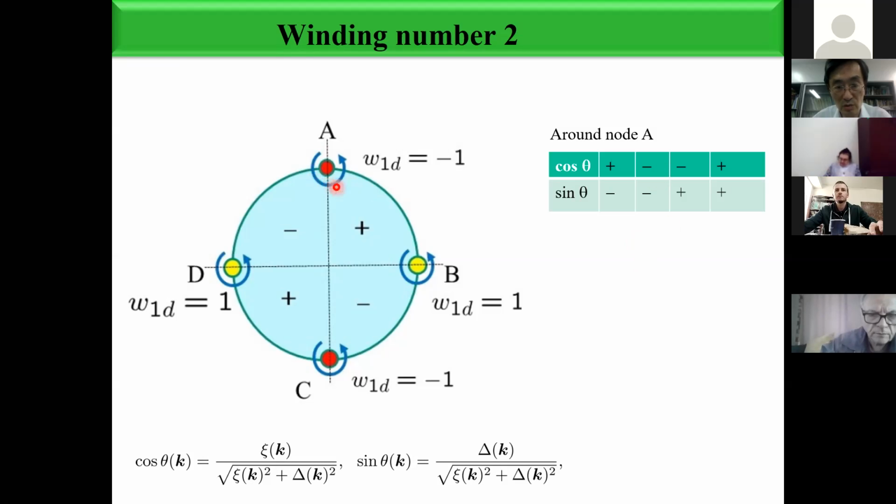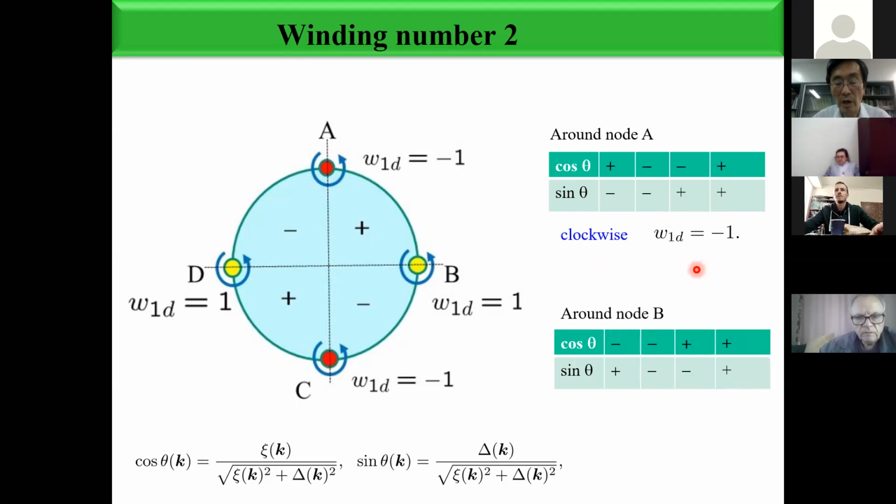Then in this region, cosine theta is negative, but sine theta becomes positive. And here, both of these quantities become positive. So in the plane of cosine theta and sine theta, it goes clockwise, and the winding number is minus unity.